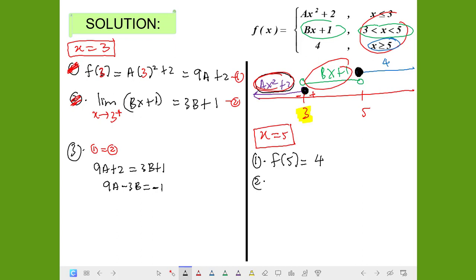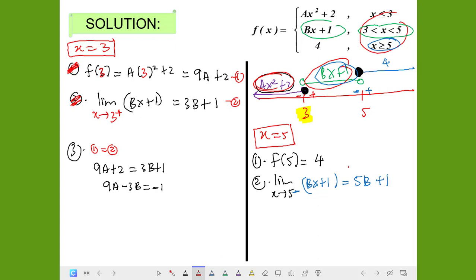The second step, limit x approaches 5, and choose 5 from left or right. If you choose the right, you take the same 4, so you cannot solve. So choose the opposite, choose 5 from the left. Now you can take b x plus 1, then substitute 5b plus 1.